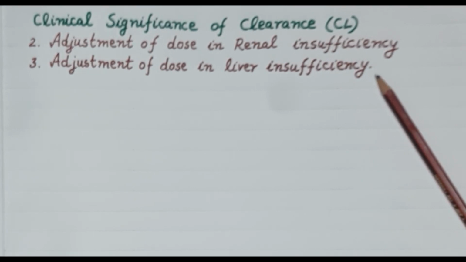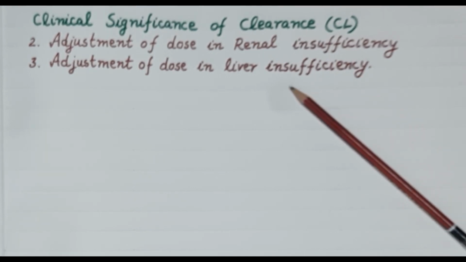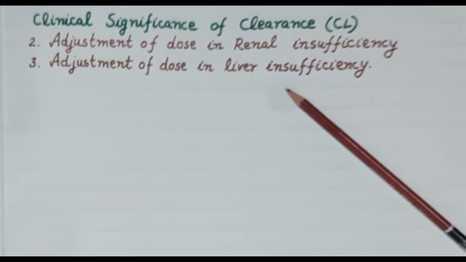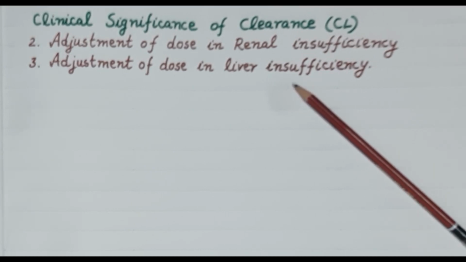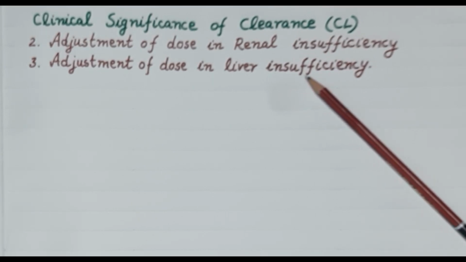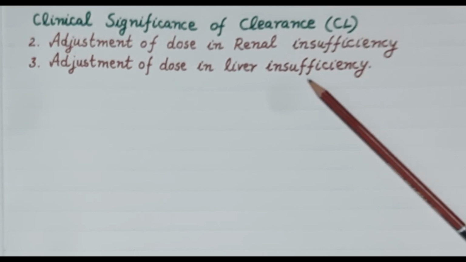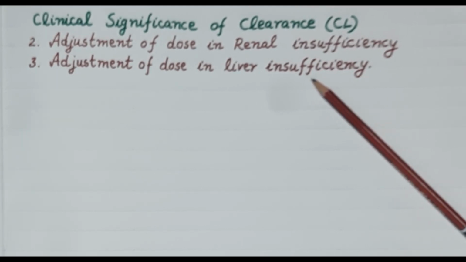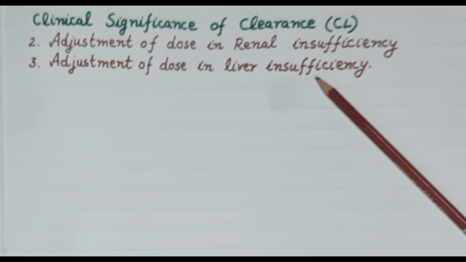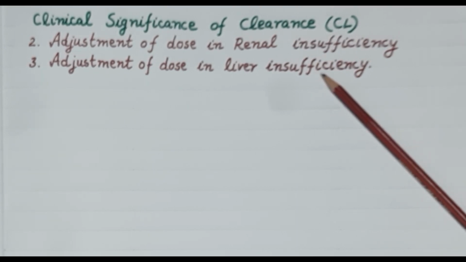Apart from this, as the liver is the main organ of metabolism and transports drugs to bile, and bile carries the drugs to the gut, from where the drugs are excreted in the feces, adjustment of dose is also required in liver insufficiency, and again knowledge of clearance is very essential for the adjustment of dose.